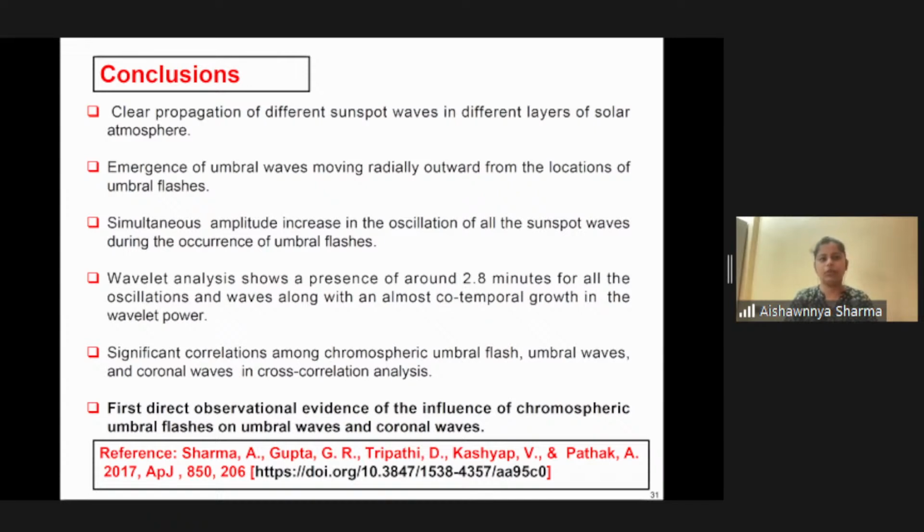Third, simultaneous amplitude increase in the oscillation of all sunspot waves during the occurrence of the umbral flashes. Most importantly, this is our result. Whenever these flashes were happening, there was an almost simultaneous increase in the amplitude of oscillations of these umbral waves and coronal waves.